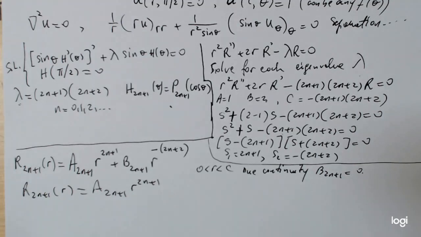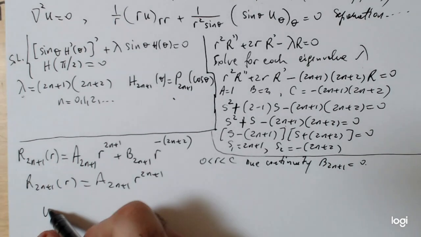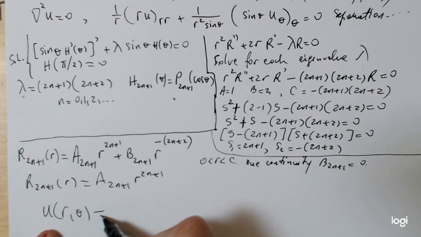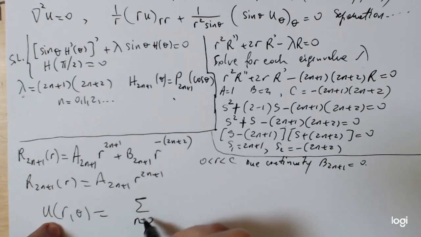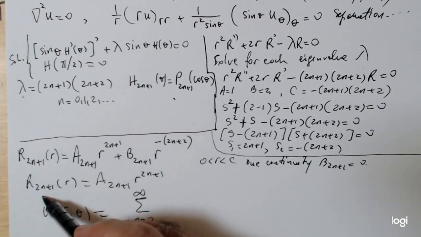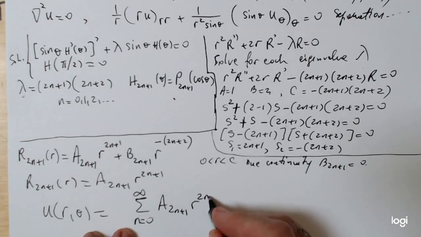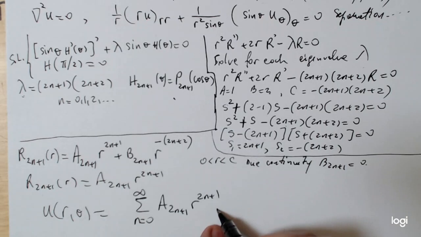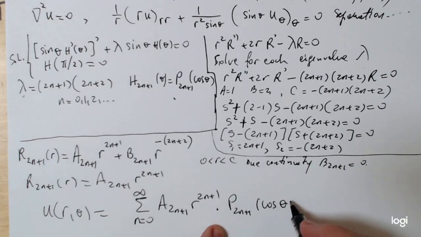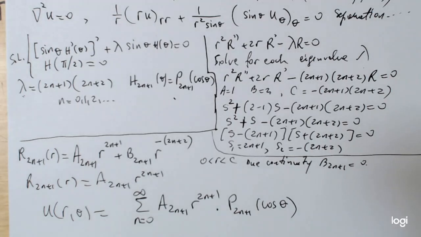All right, so what is the superposition principle? It means that we have a solution u of r, theta in the form of a series from 0 to infinity involving r to the 2n plus 1 that we just found, times the eigenfunction P sub 2n plus 1 of cosine of theta. So I'm going to rewrite it.